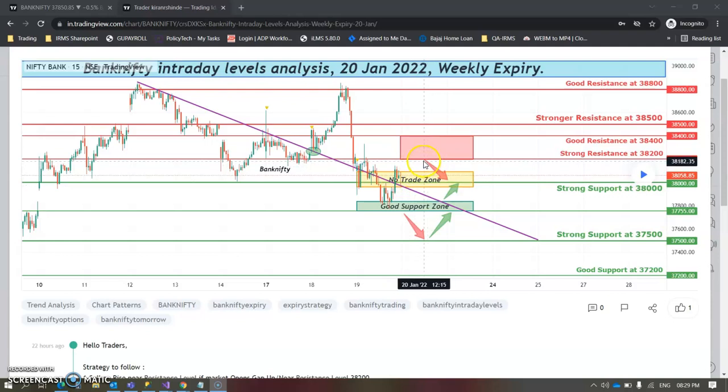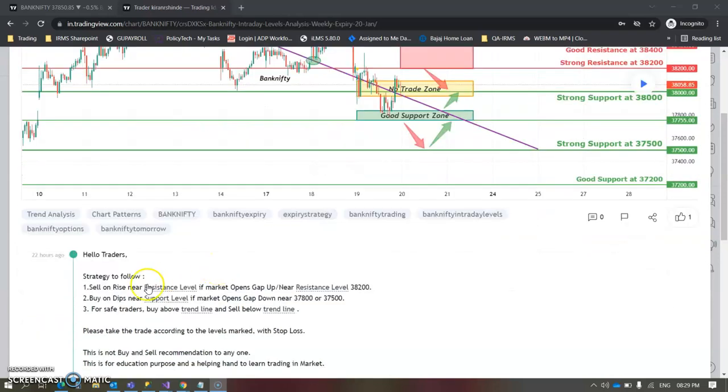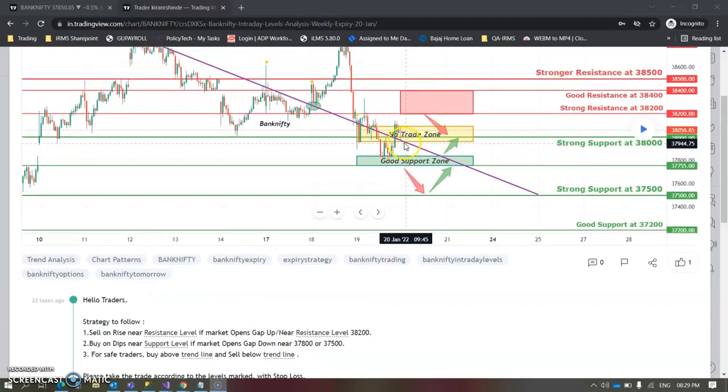The strategy was, if the market opens gap up, then sell on rise. And the next thing was buy on dips near support level if the market opens gap down. For the safe traders, buy above the trend line at this particular level, and sell below the trend line when it crosses this particular trend line.